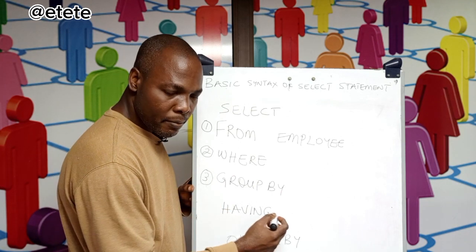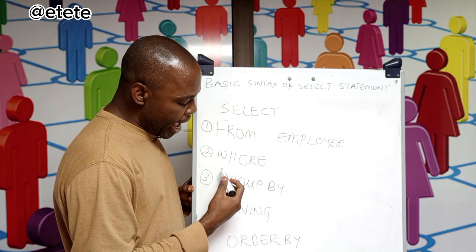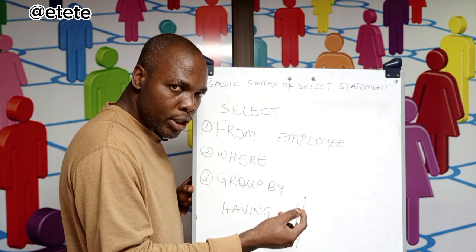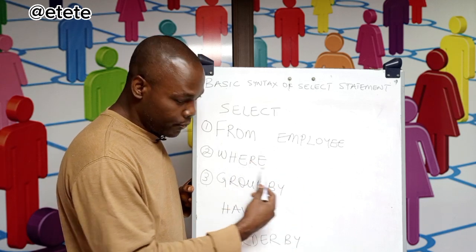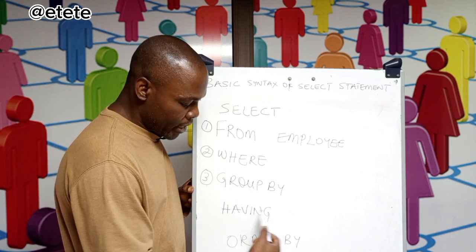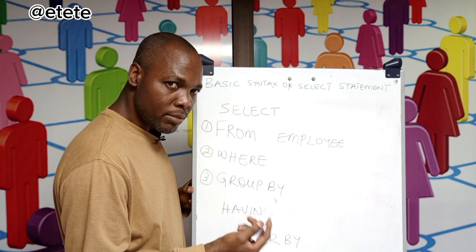Then this having is doing the same thing as the where. After you have done the grouping, before you do the calculation of the grouping, you will have to filter. Now, after you do the calculation of the grouping, then you also have to filter. So this having and this where are doing the same thing.